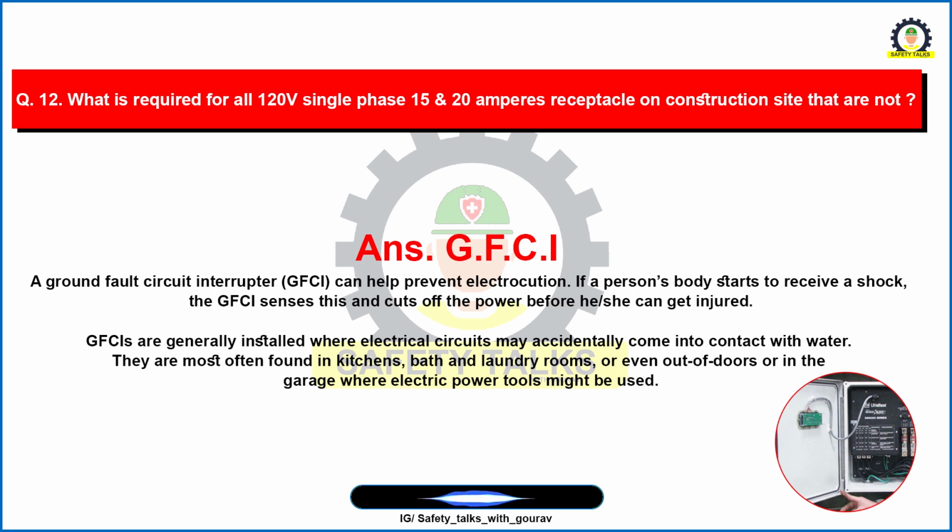So this is the answer. The GFCI is required for all 120 volt single phase 15 and 20 ampere receptacles on construction sites. Okay, so now move on to the next question.